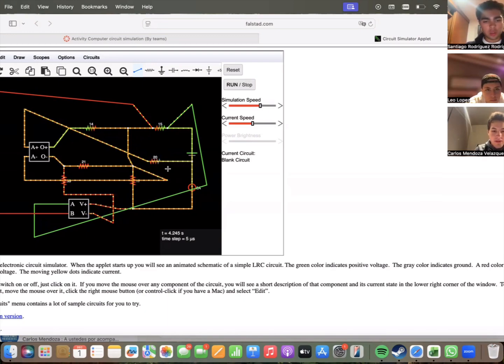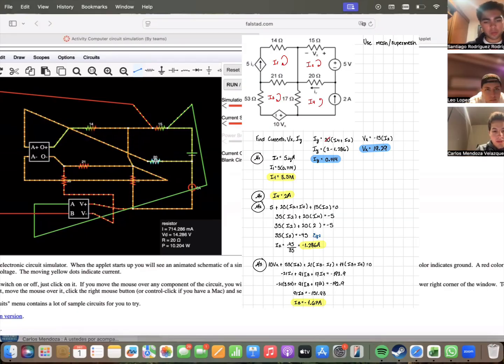Okay, so now in order to interpret our results, we're going to first go to the resistance of 20 ohms, which is the IY as shown in the circuit, and we can corroborate the results. We can observe that it's correct because in our calculations made by hand, we obtained a value of 0.714 amperes, which is what is shown in the bottom right of the screen.